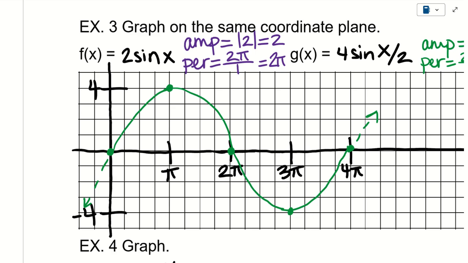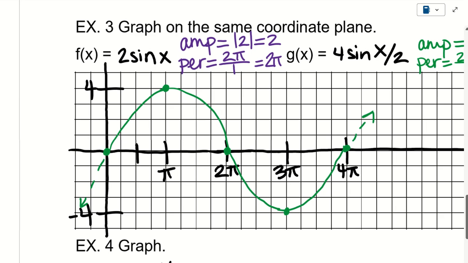So I'm going to divide this up again into 4 even spaces. I'm just looking at 2 pi as my stopping point for the f function. So if I divide that up into 4 spaces, now this is pi over 2, and halfway between would be 3 pi over 2. Okay, so I'm just looking between 0 and 2 pi now at these 4 spaces.